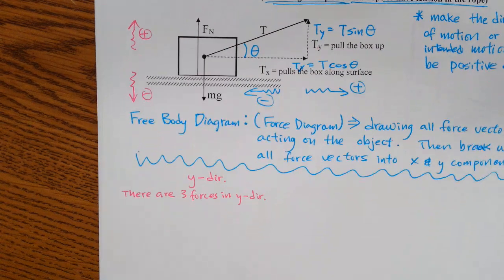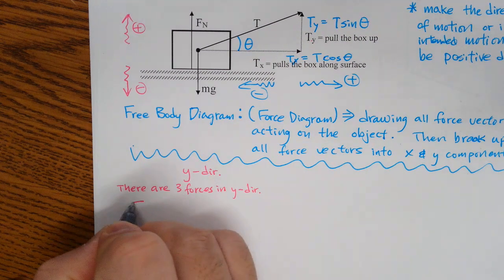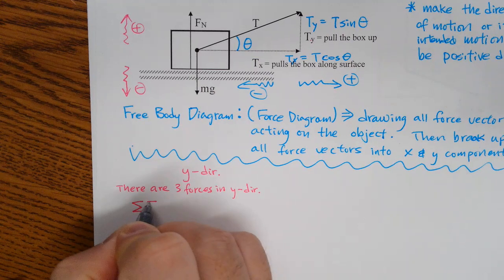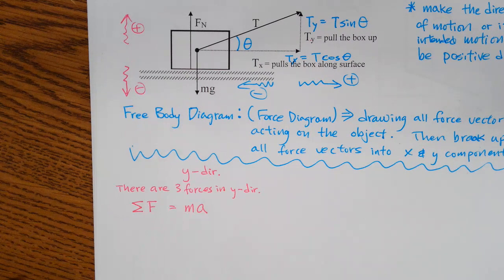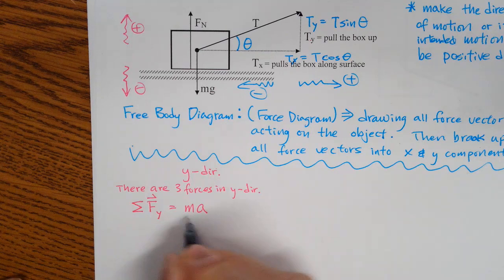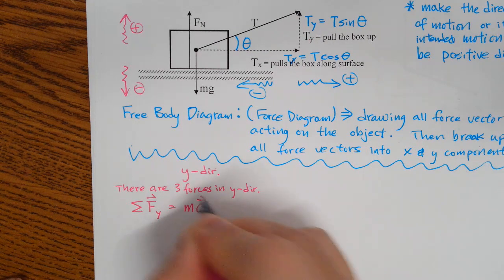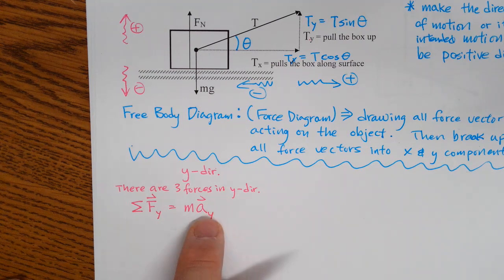I always start out with my Newton's second law. So the sum of all forces is equal to ma. That's Newton's second law. But since I'm looking at the y direction, the sum of all forces in y is equal to m a y. Now notice how these are vectors, right? The net force in y and a in y are vectors.